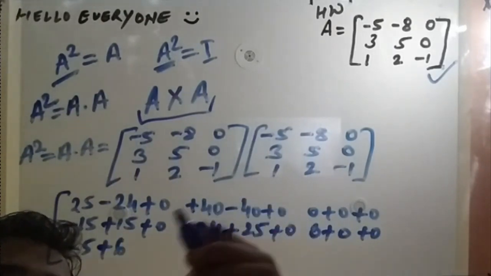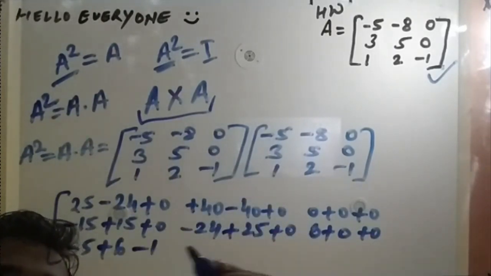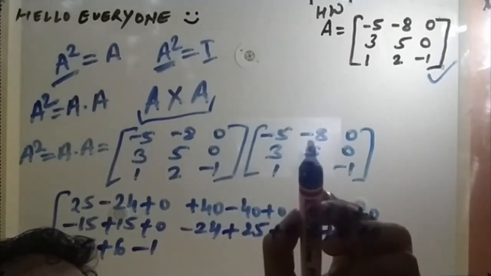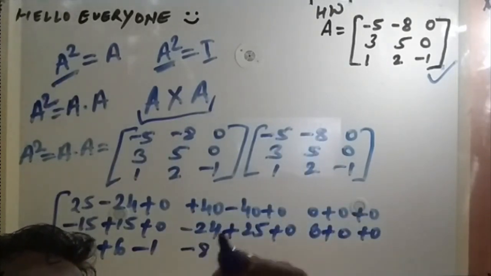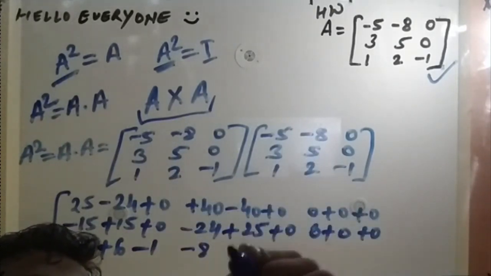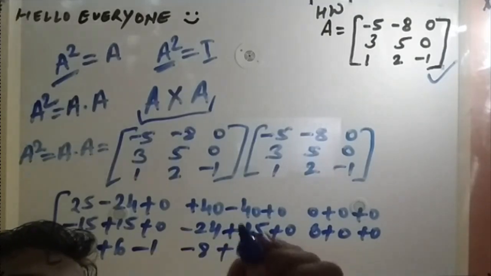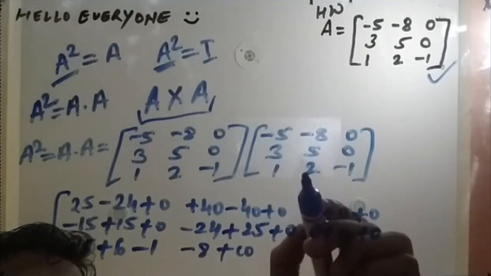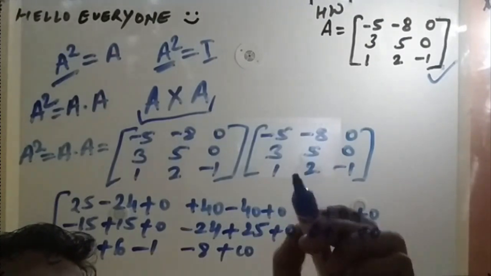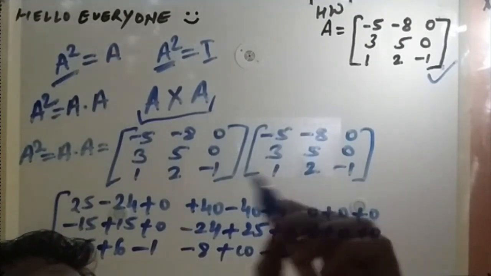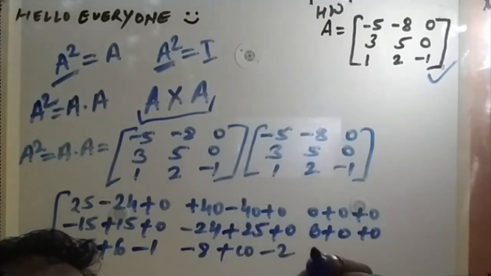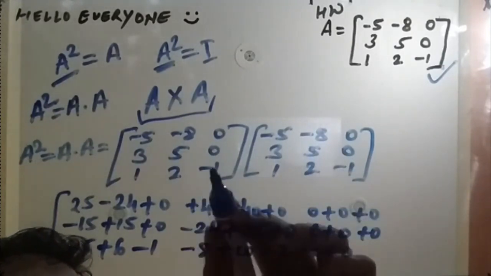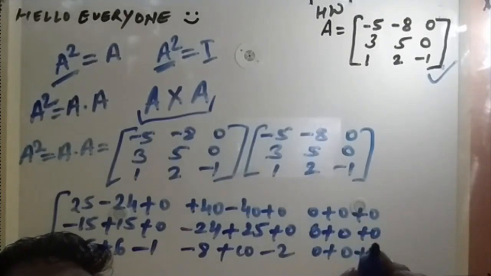And minus 1 times 1 will give minus 1. 1 times minus 8 will give minus 8. 2 times 5 will give plus 10. And minus 1 times 2 will give minus 2. 1 times 0 will give 0. 2 times 0 will give 0. And minus 1 times minus 1 will give 1.